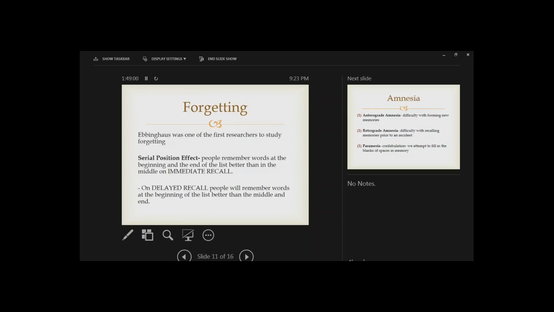Yogurt. Salad. Bananas. All right. Now I tell you right away, tell me what was on that list.